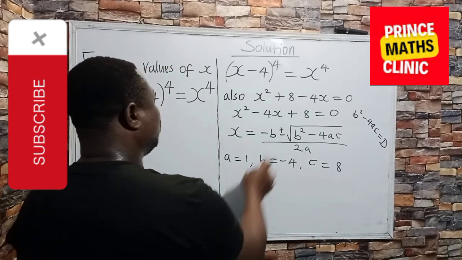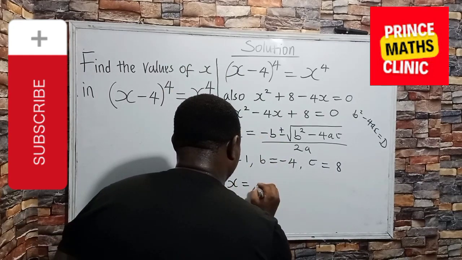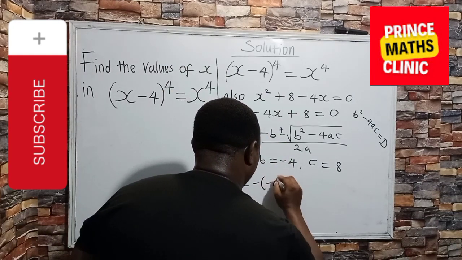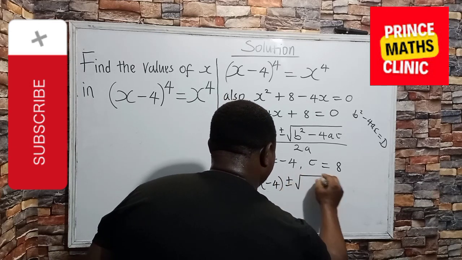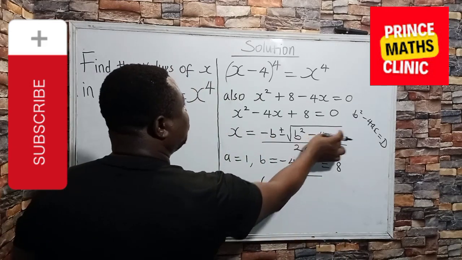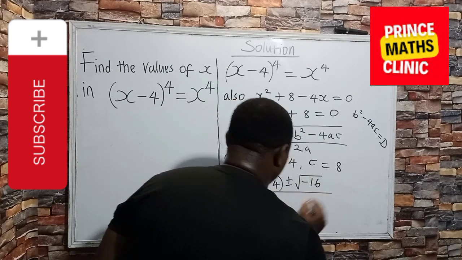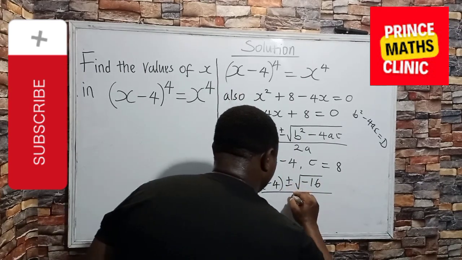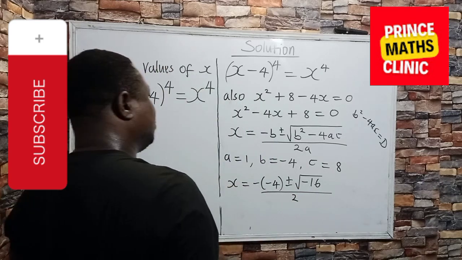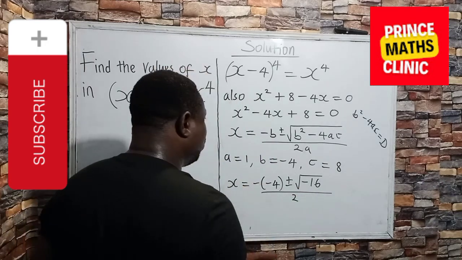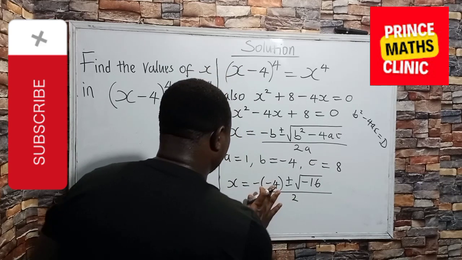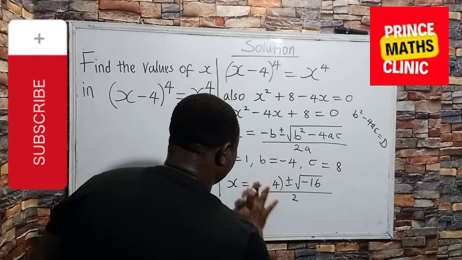Therefore, my x will now become minus 4 plus or minus the square root of the discriminant, which is negative 16, over 2a, and 2 times 1 is 2. Minus and minus will turn to plus, so I will just take this off.